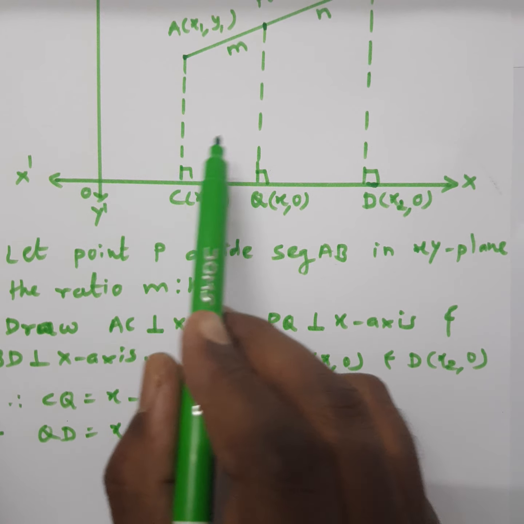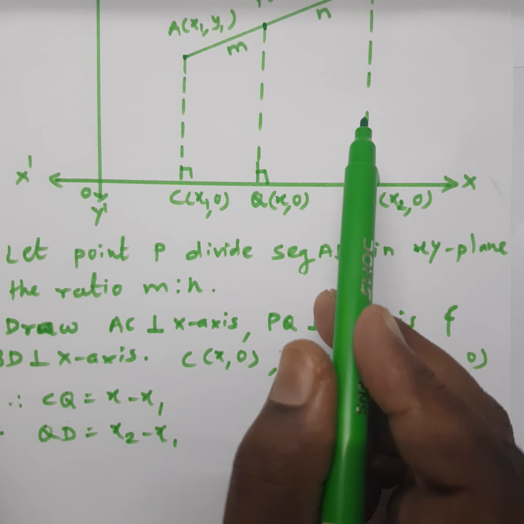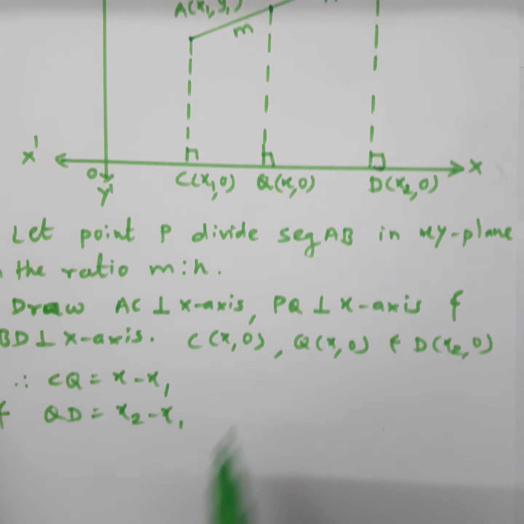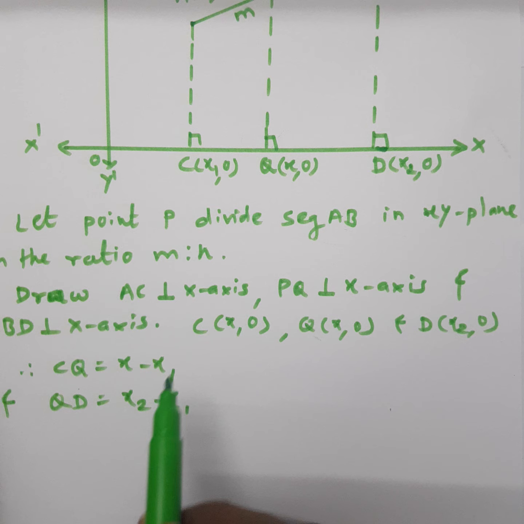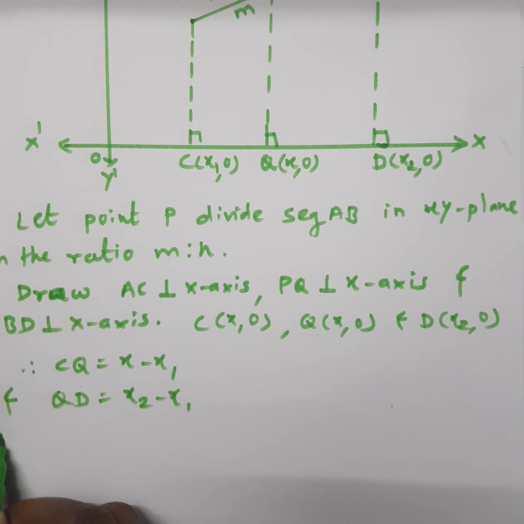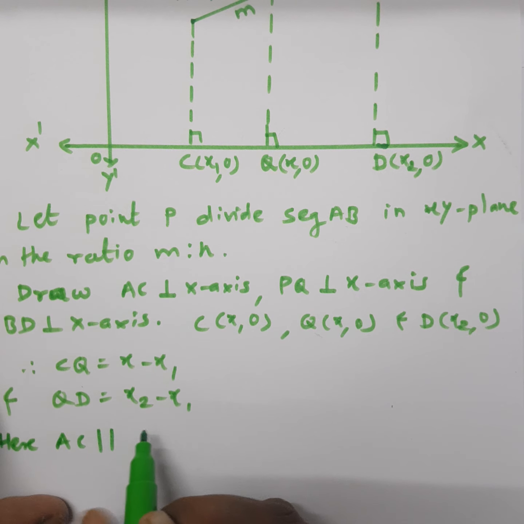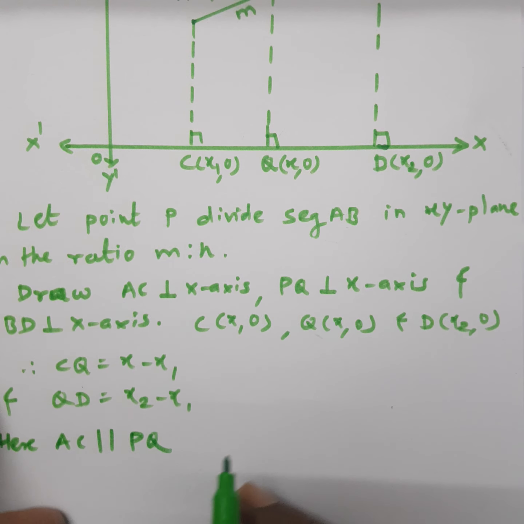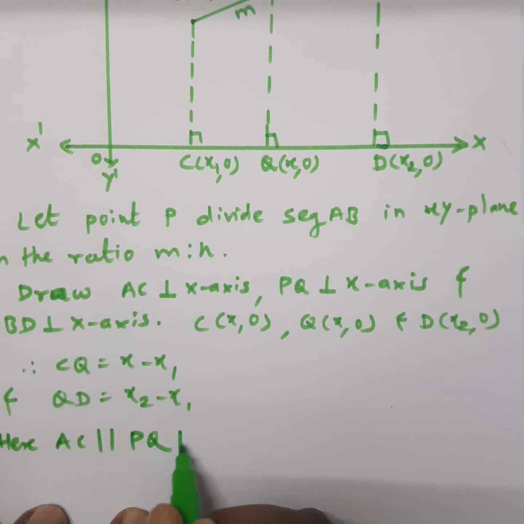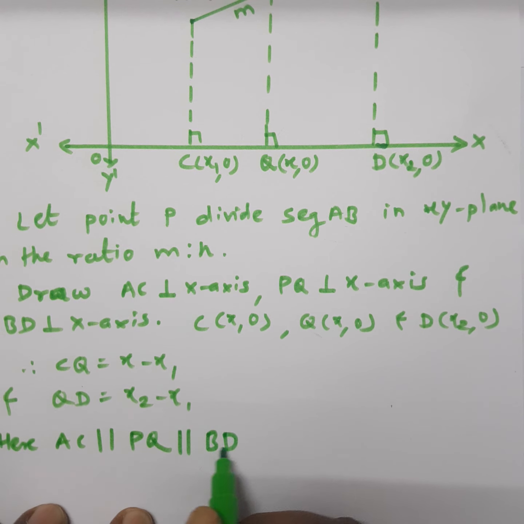Here AC is parallel to PQ and PQ is parallel to BD, because these are perpendiculars on the x-axis. Here, seg AC is parallel to seg PQ, which is parallel to seg BD.